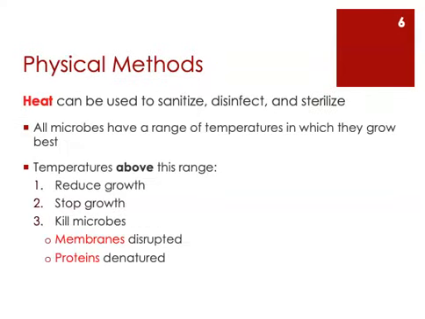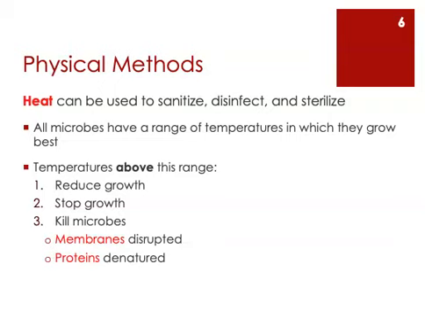Let's start with heat. Heat is a really interesting and really applicable method of controlling microbial growth because depending on how you use the heat, you can achieve sanitization, you can achieve disinfection, and you can achieve sterilization. So depending on what temperature you're able to hit and for how long, you'll get different levels of control. It turns out that all microbes have a range of temperatures in which they are capable of growing and at which they grow best.